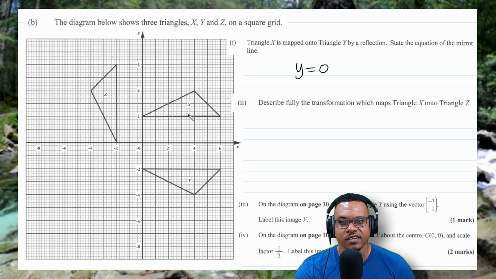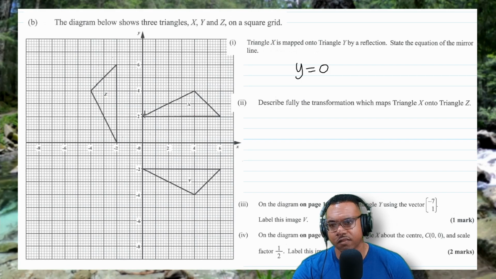So what we'll do now is connect the corresponding points. This point here at 2 would correspond to this point here. This point here would correspond to this point here. And this point on top here would correspond to this point here. Now, all we need is 2 lines.